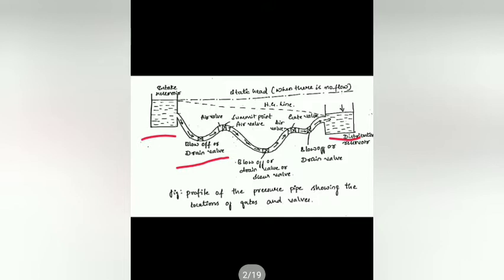At the top summit point, we have provided an air valve, because whenever the pipe is like this, when water is moving like this, there is a chance that air gets accumulated in the empty portion. In order to empty all the air present at that point, an air valve will be provided. Similarly, again a blow off valve, again an air valve, and one more gate valve.